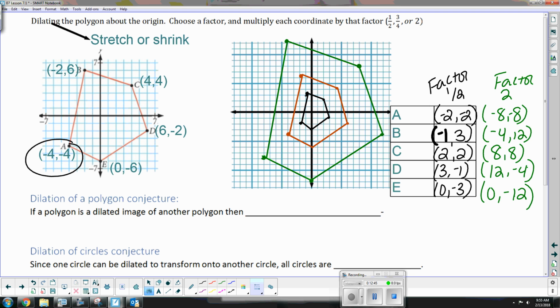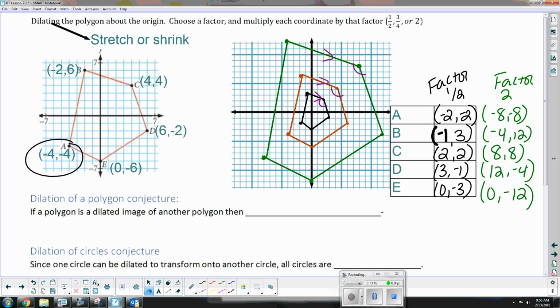So maybe you notice that all corresponding sides are parallel. Maybe you notice that all corresponding angles are congruent. And then the last thing you should notice is that it just looks like it's a stretched image. It looks like a similar image where the sides are proportional. It doesn't look like it's stretched too wide, or it doesn't look like it's stretched too long.